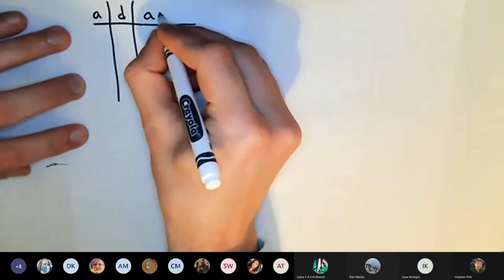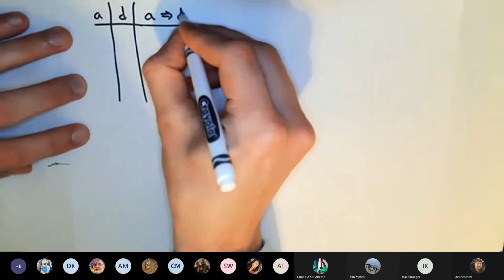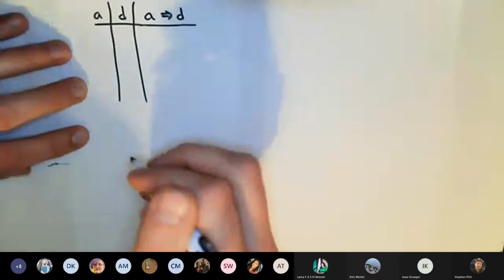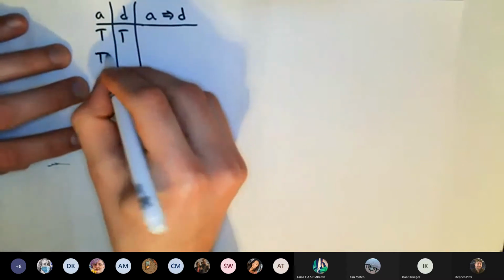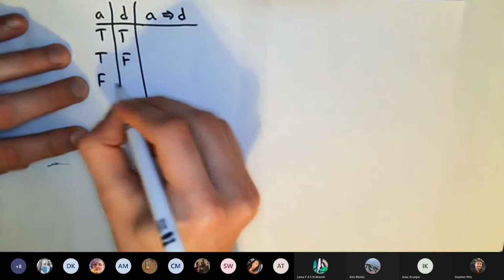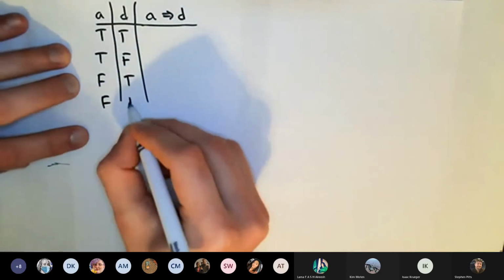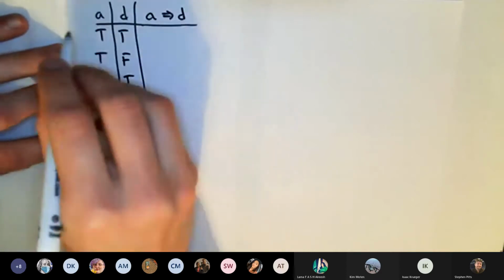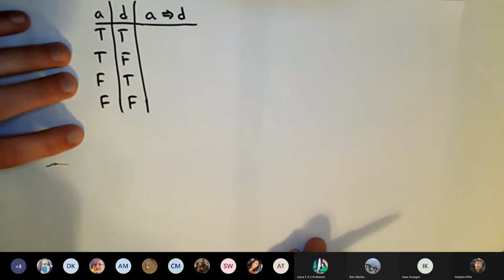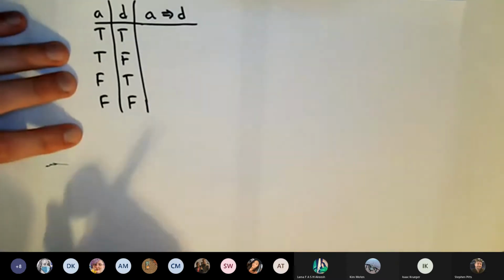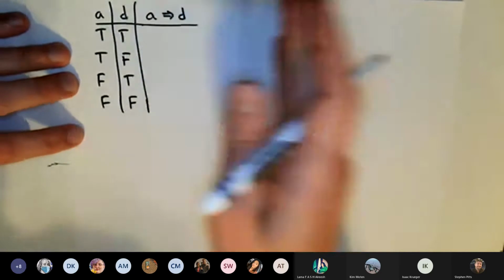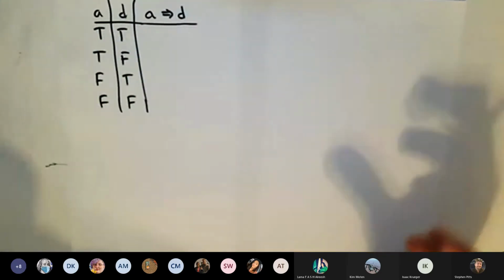I'm going to say A implies D, or if A, then D. Get my combos going here. Same as always, when you've got two simple statements, you'll have the same first two columns. We're going to look at things where it gets complicated. You can have lots of columns if you've got a really big statement.